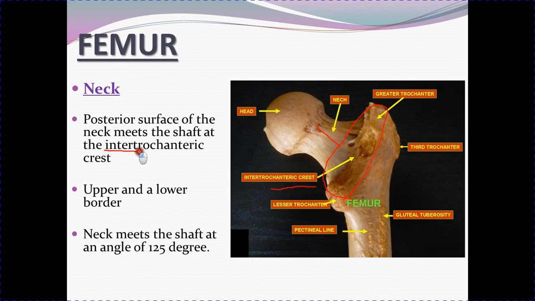You can see in the figure that the posterior surface of the neck of the femur meets the shaft at the intertrochanteric crest. The neck has an upper border which is concave and it has a lower border. The neck meets the shaft at an angle of about 125 degrees.